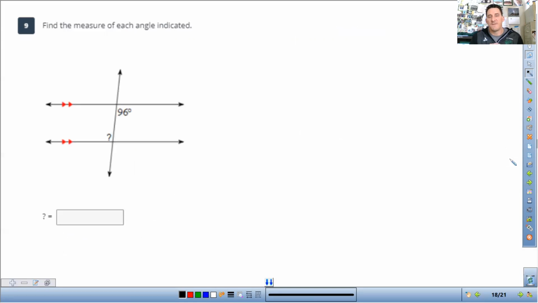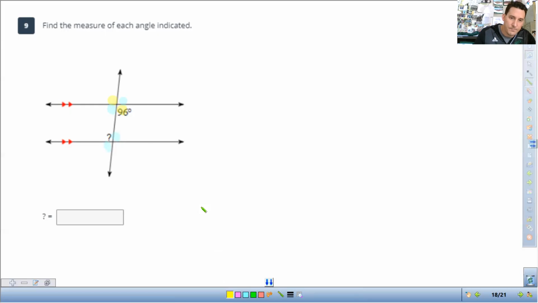So next few, what you're going to do, you need to identify if they are congruent or supplementary, and then figure out the missing angle measure. So again, it's very helpful, just real quick, if you have colored pencils, mark off the diagram, color code it. So angles that are the same color have the same measure.